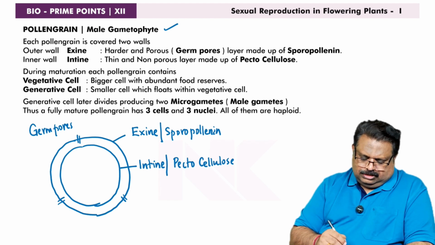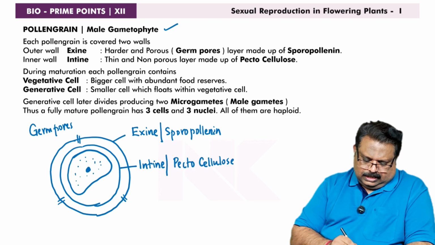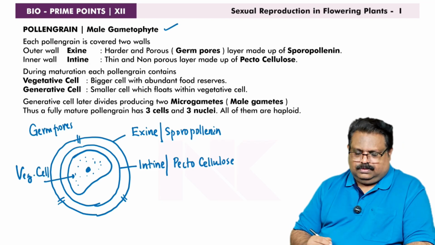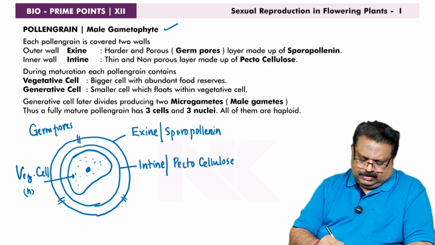So inside this intine, you can see there is a large cell. And this large cell is a nutritive cell, and this cell is called vegetative cell. This is haploid. Then in addition to the vegetative cell, a small cell will be there.